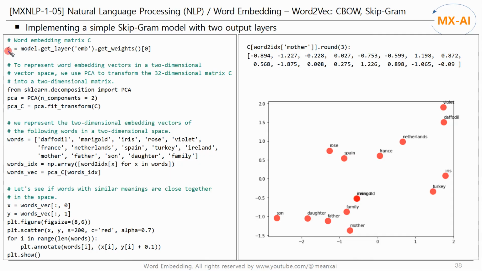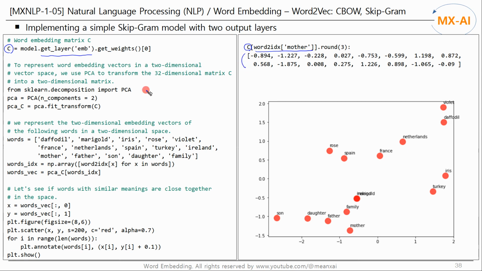Next, we take the word embedding matrix C from the embedding layer of the trained model. Matrix C contains the embedding vectors of all words in the vocabulary. For example, the embedding vector for the word mother in this matrix is as follows.